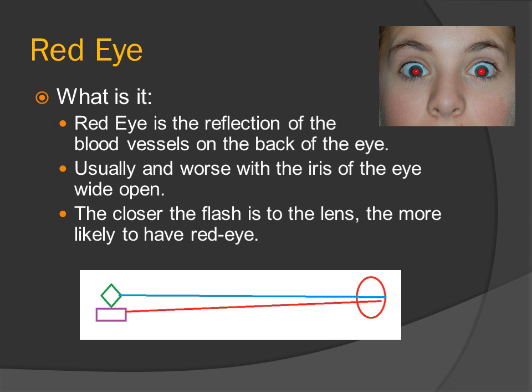Look at the diagram on the bottom. Green is the flash, blue is the light from the flash to the eye. The red line is the reflection back to the camera, which is the purple. So the blue light goes out, hits the back of the eye, and reflects back as red to the camera. This is because the flash and the camera are close to each other.